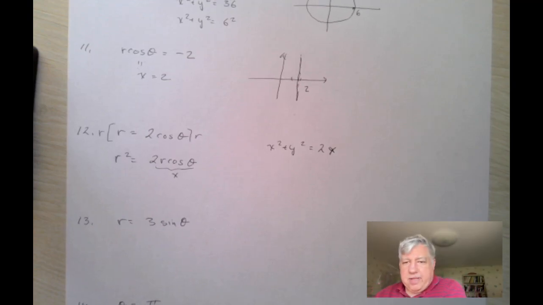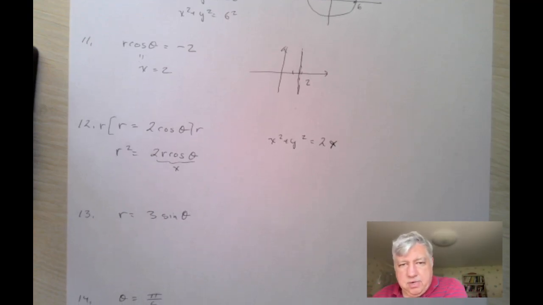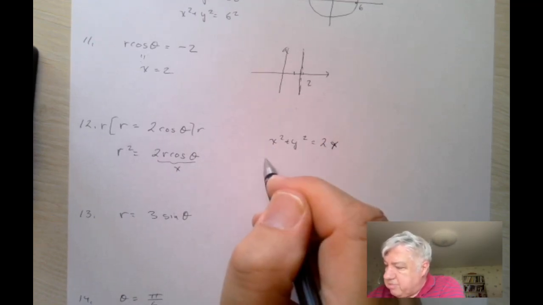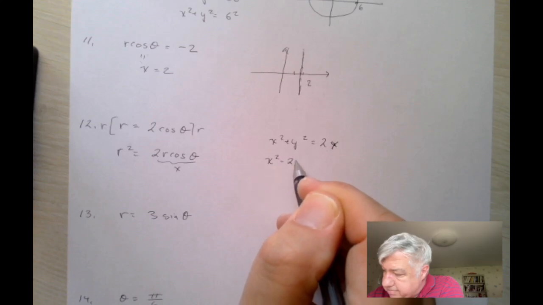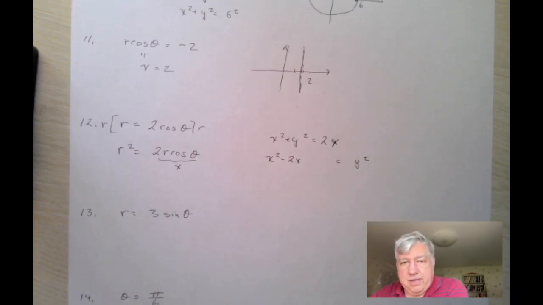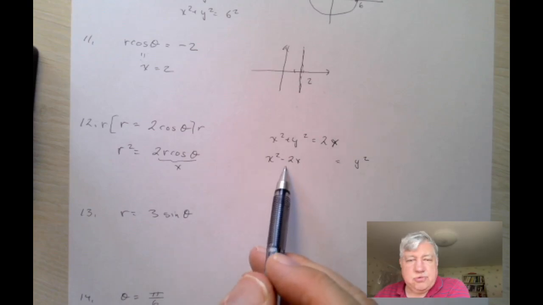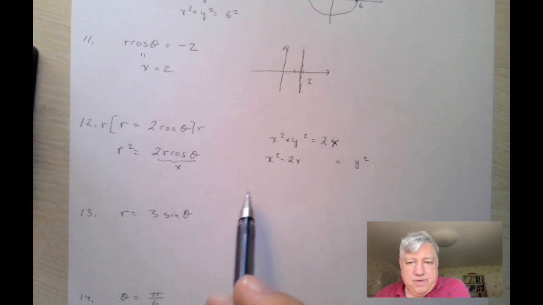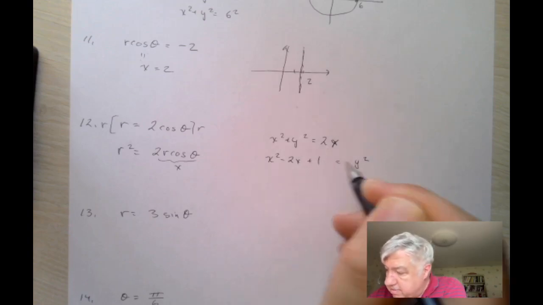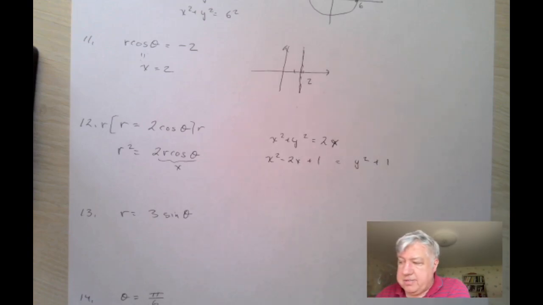Theoretically, this is something we know how to do by completing the square, from the section on conics. We subtract 2x from both sides and then complete the square. Negative 2 divided by 2 is negative 1, and negative 1 squared is 1, so we add 1 to both sides.